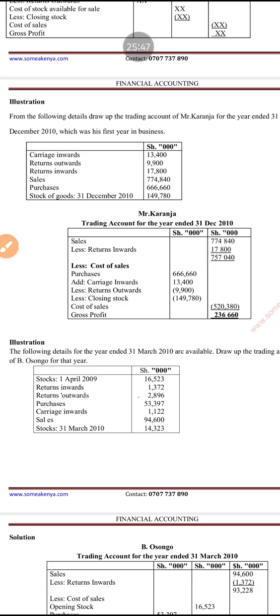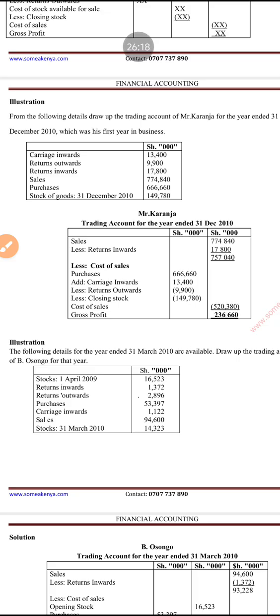So Mr. Karaja just opened the business this year, and therefore we don't start with the opening stock, because opening stock means last year you had the closing stock. Mr. Karaja just started the business this year, and therefore we are starting with the purchases. We are not starting with the opening stock because this is the first year of business. We are starting with the purchases.